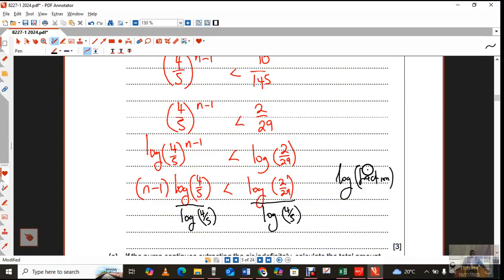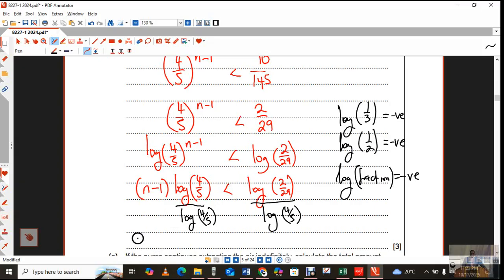So if for example you have log of a half or log of a third, all these answers will be negative, and you can have a look. You're always going to have a negative answer for a positive fraction. So because of that, essentially it means you're dividing by a negative number. And because you do that, this inequality sign should reverse.